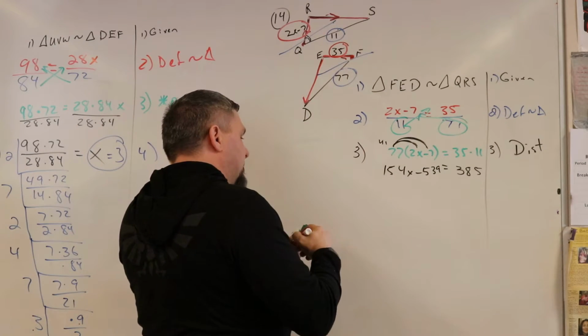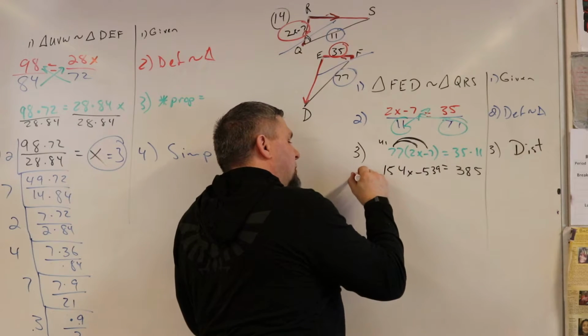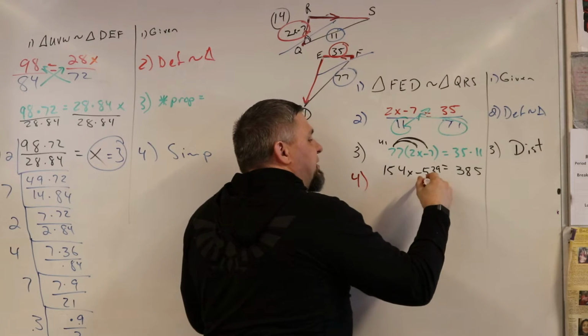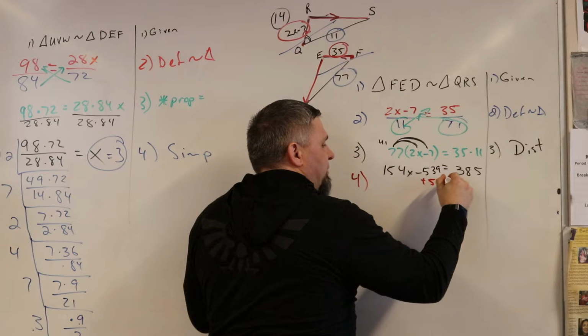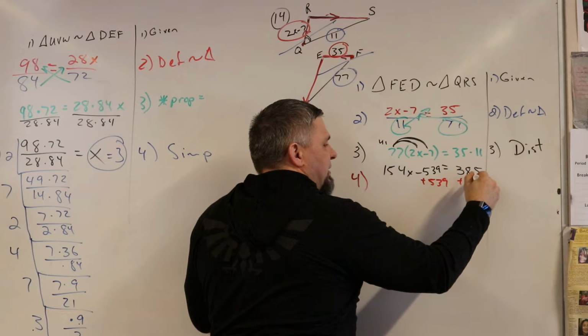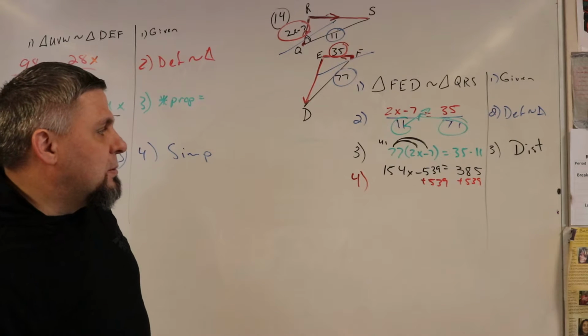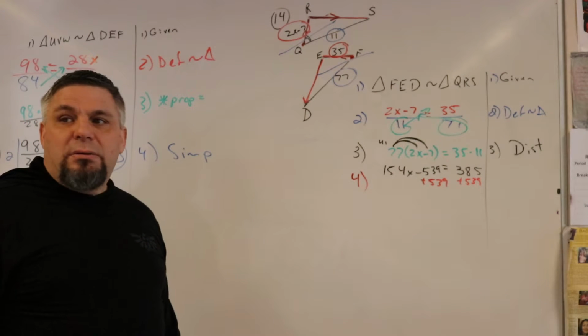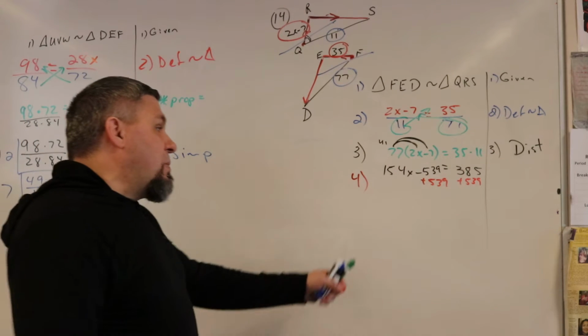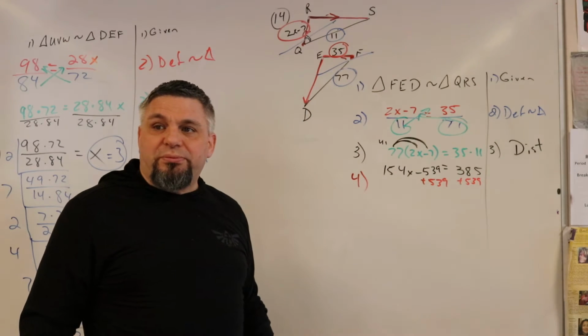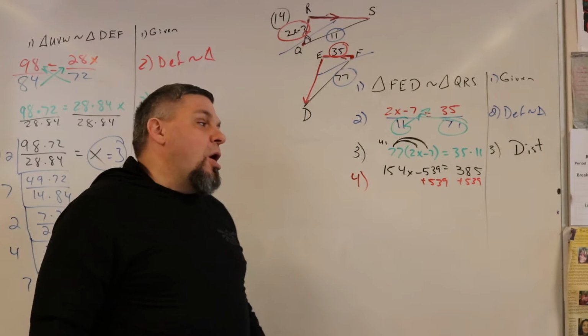What do we want to do? Addition property of equality. Good. 539 plus 539. Why would I want to move it that way?